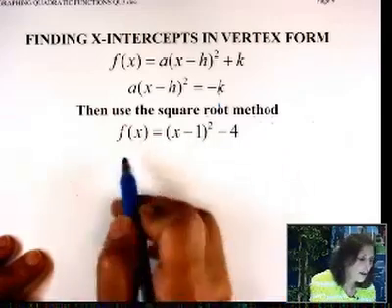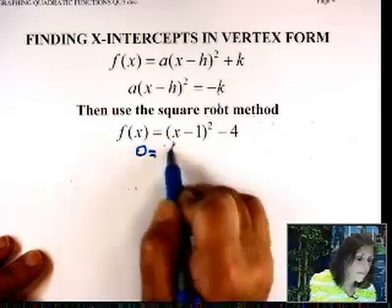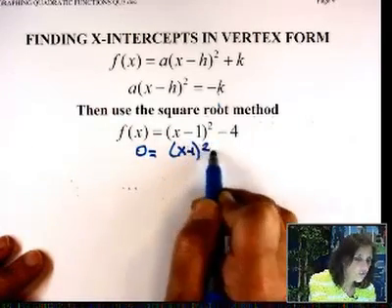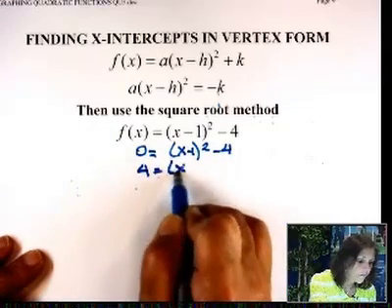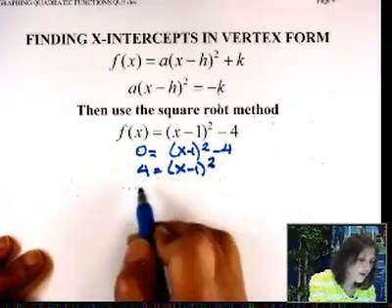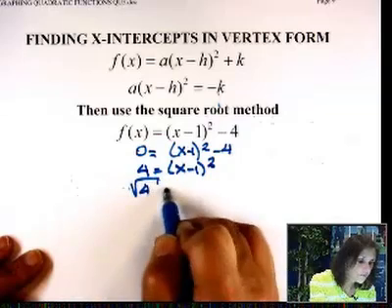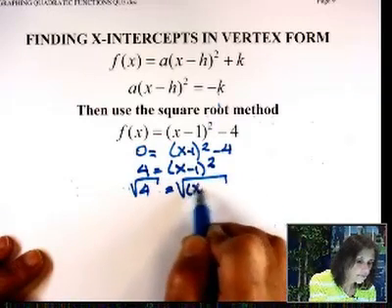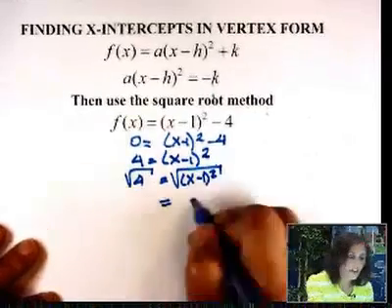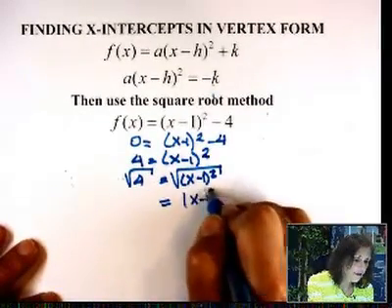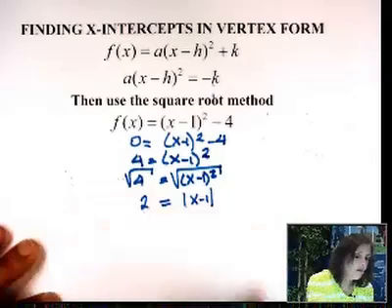X-intercept means when y is 0. So let's do that. You're going to move 4 over. Take the square root. You're going to get the absolute value of x minus 1 equals 2.